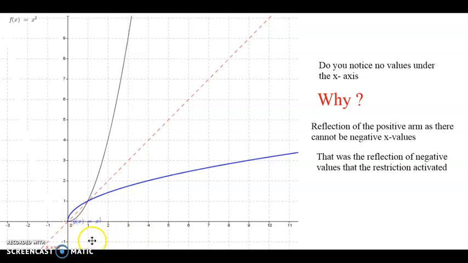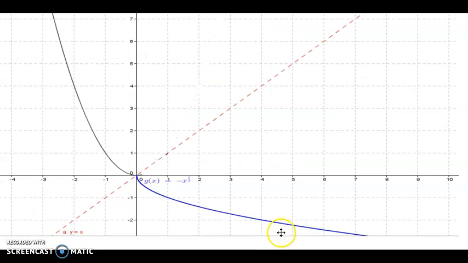Do notice that I do not have a wing at the bottom of the graph, because the restriction said I cannot use any negative values of x. That's why there are no negative values of x. Just for interest's sake, I've also drawn the left arm of the graph y is equal to x squared.